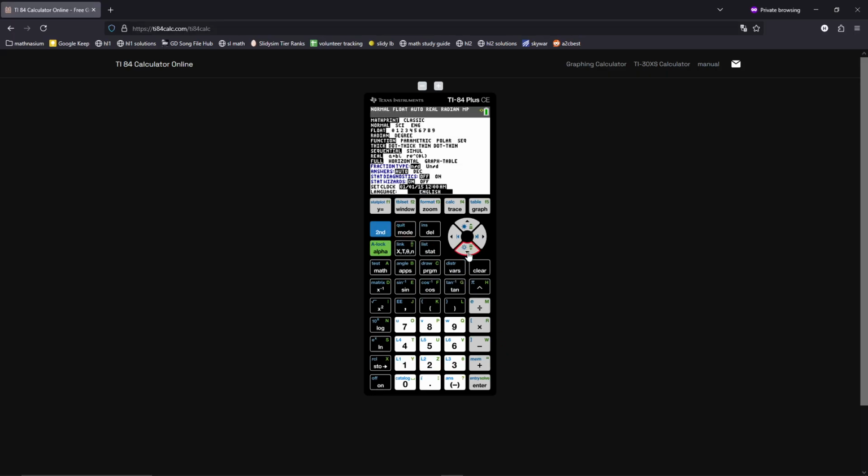Remember, change the mode to sequence. Press y equals, change the type to n plus 1, and change the minimum to 0. And then our u is our x, so it's going to be u of n plus 0.01.